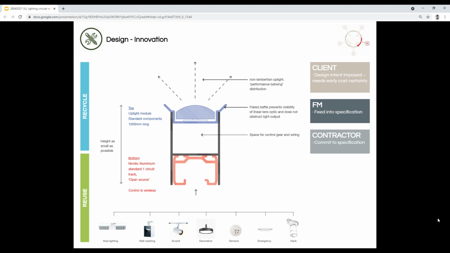And what was interesting about this was that even though it was an entirely bespoke system, it was quite a big project, so the quantities meant the cost, without the uplight, was less than the contractor was getting prices for standard track. So it doesn't always have to be expensive. There doesn't always have to be a cost uplift for doing this.